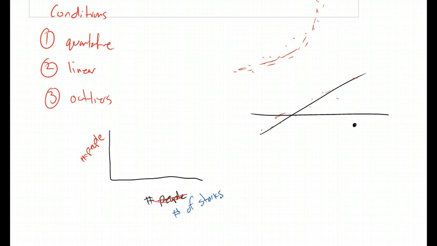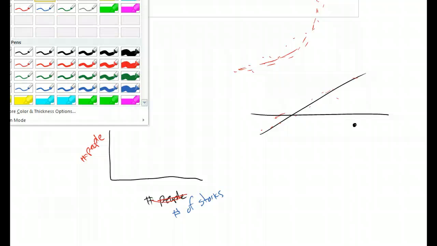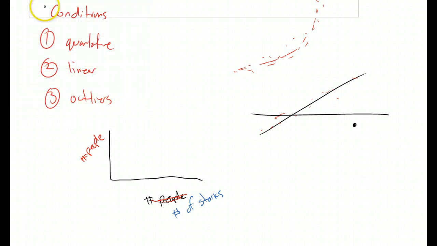Okay, and I think the scatter plot looked very appealing, right? You had something like, let me get a little fatter pen here. As the number of storks increased, the population of the town also increased.